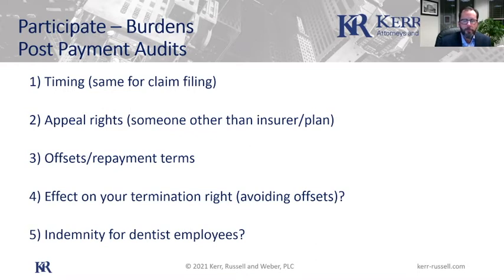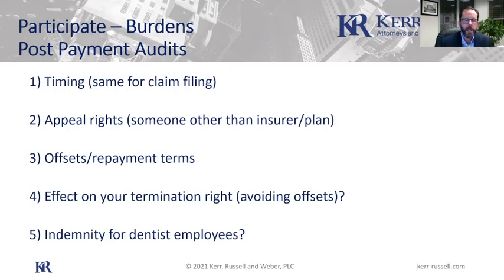Once you have gone through the audit, and let's say the insurer, the dental plan, has determined that it paid claims that it should not have paid for whatever reason. Say they go back, and now that they've seen the records and seen the x-rays, they've made a determination that the services that were rendered were not appropriate.